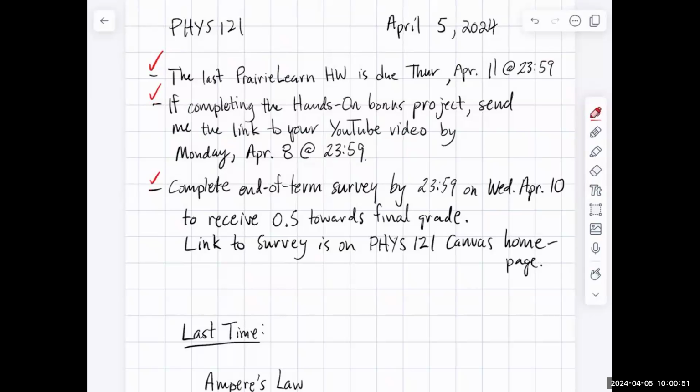Okay, and then let's see, there are practice final exams at the bottom of the webpage. Those practice exams are useful, but there are some topics that we didn't cover this year that are included in those practice final exams.